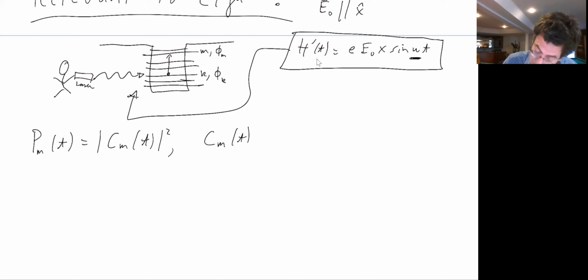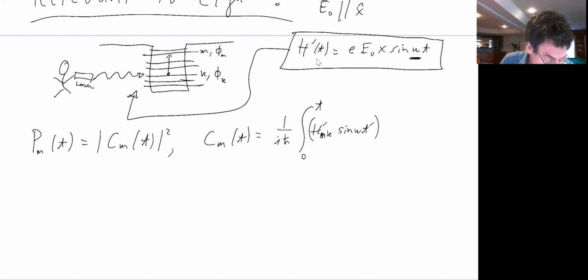It's just going to be this expression: 1 over i h bar times the integral from 0 to t of h prime mk times sine omega t prime times e to the negative i (Ek minus Em) t prime over h bar.